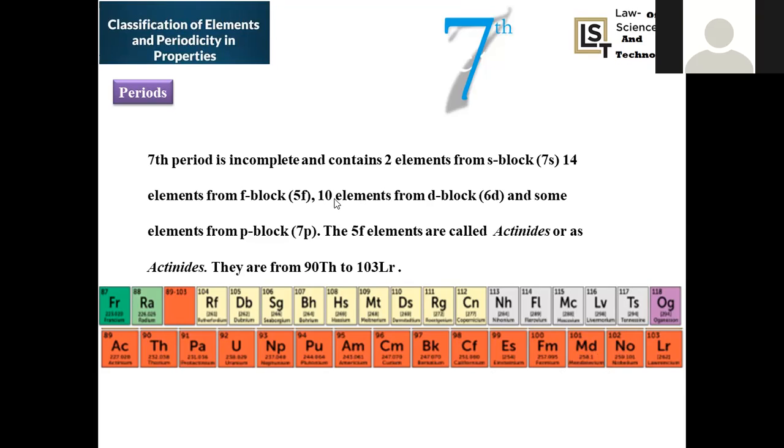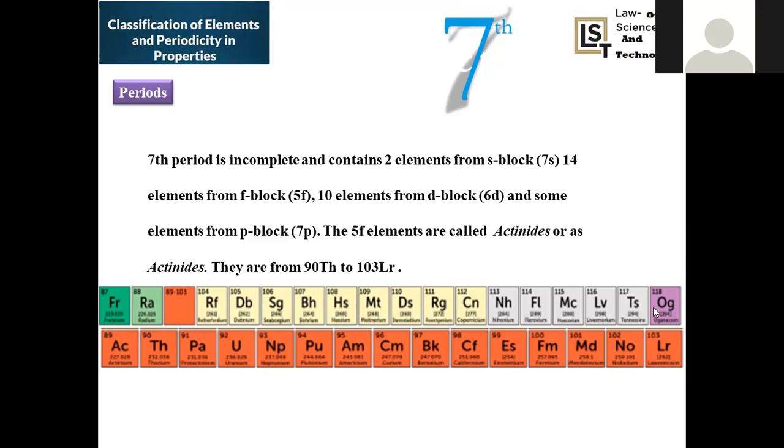Right. Now let us move on to the 10 elements of the d block. These are constituted by the 6d series. Let us count: actinium, rutherfordium, dubnium, seaborgium, bohrium, hassium, meitnerium, darmstadtium, roentgenium, copernicium, nihonium, flerovium, moscovium, livermorium, tennessine, oganesson.